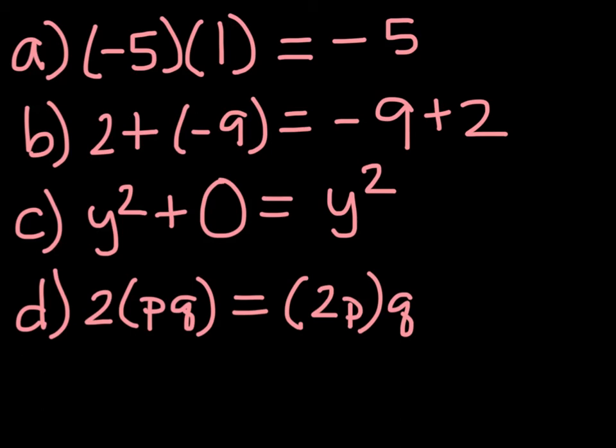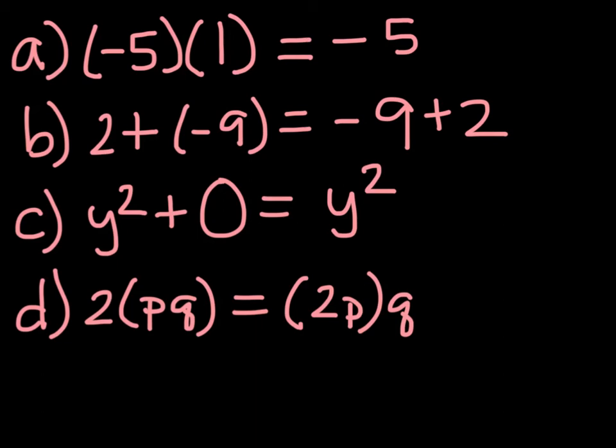It doesn't matter in which order we add, we get the same result. C, y squared plus 0 equals y squared. That's the identity property of addition. And finally, D, 2 times p times q is the same as 2 times p times q. That's the associative property of multiplication.